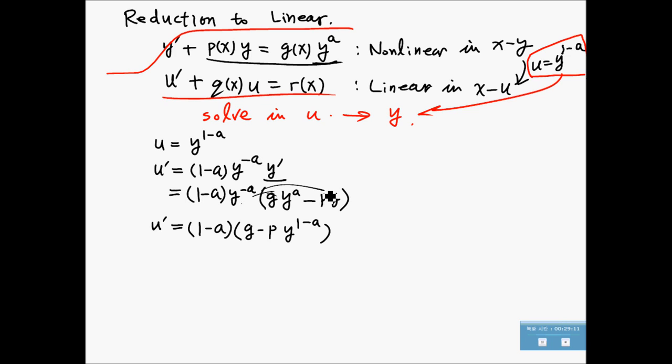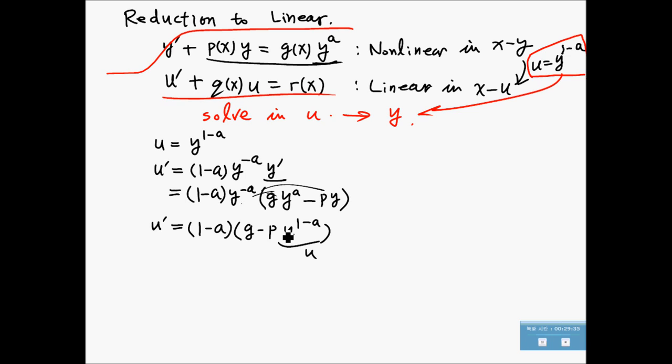No magic there. This y to the 1 minus a is u. So you can eliminate y out of the equation, and replace that y to u.